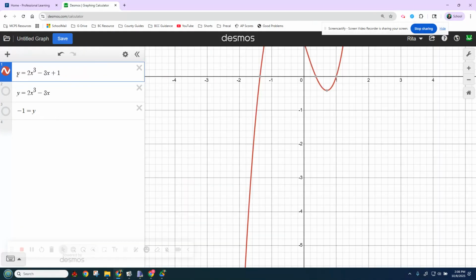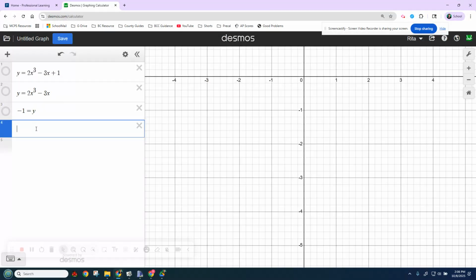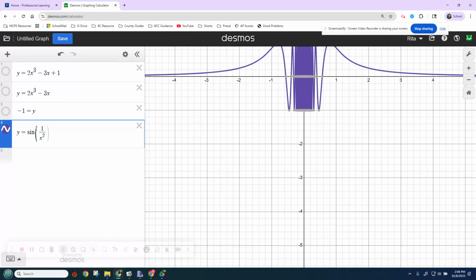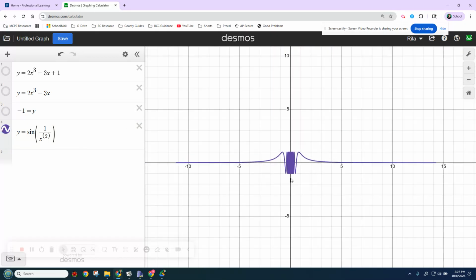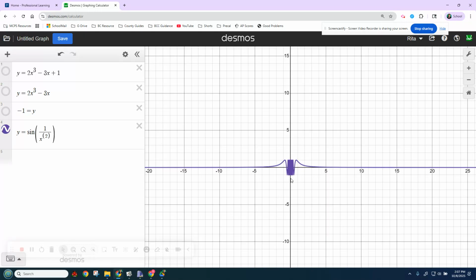Here's my favorite example. So as I zoom out, as I go to super duper positive infinity or super duper negative infinity, doesn't it look like it's going to 0?